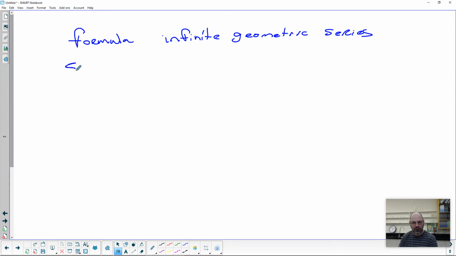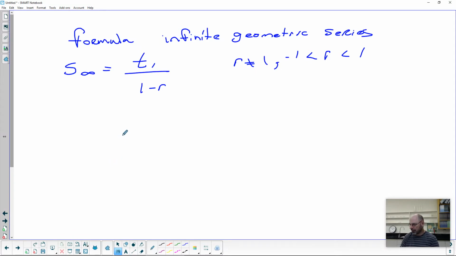So if you're doing that, the sum of an infinite series that is congruent is equal to the first term divided by 1 minus R. And R cannot equal 1, and because it's congruent, it actually has to be between -1 and 1. So it has to be a fraction.